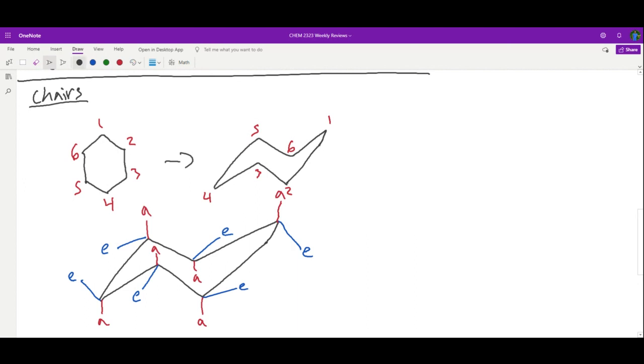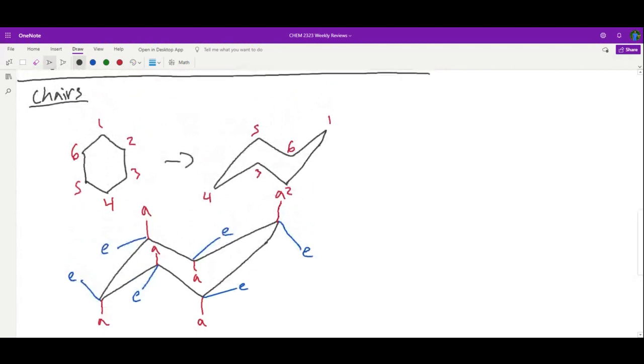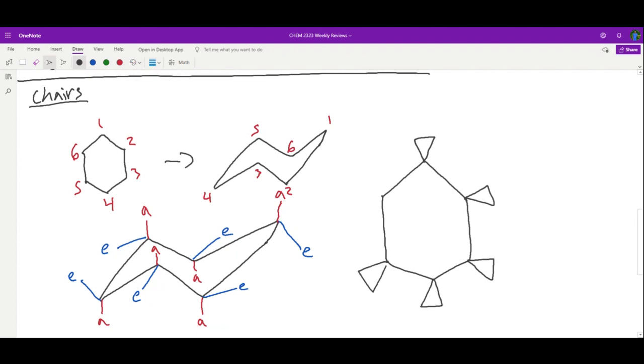All right, so let's think about how we determine if it's going to be equatorial or axial. There is a template that I use. I learned it from previous upperclassmen, and I'm not sure if this is taught in lecture or elsewhere, but this is how it makes sense to me, and it works for me.